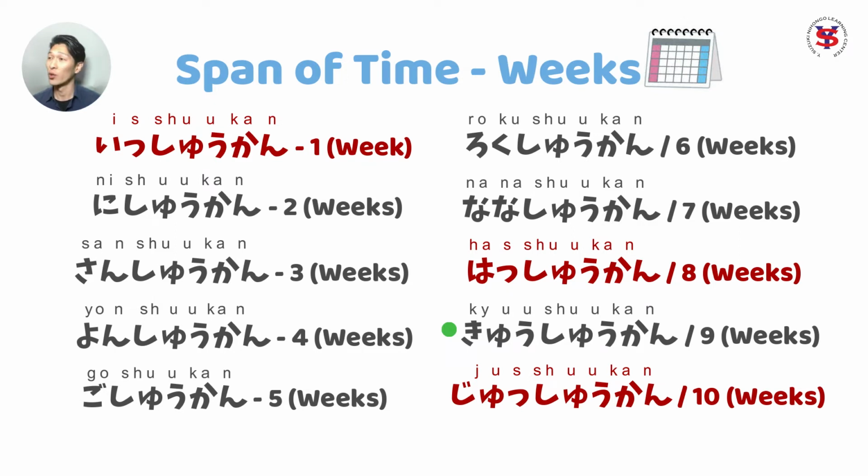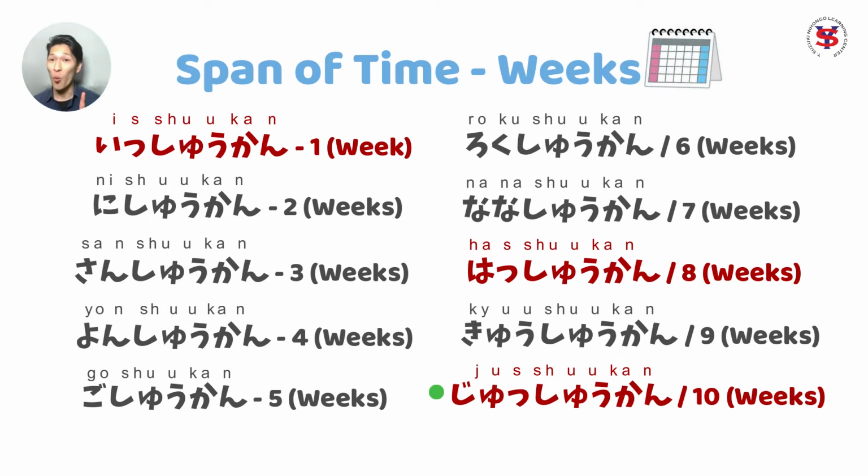Kyushukan. And then, when we get to 10 weeks, i-extend naman natin ulit yung number. So this time, magiging jusshukan instead of jushukan. Kind of like what we did for ichi and hachi. So hini-extend natin, nilagyan natin ng maliit na tsu. Jusshukan.